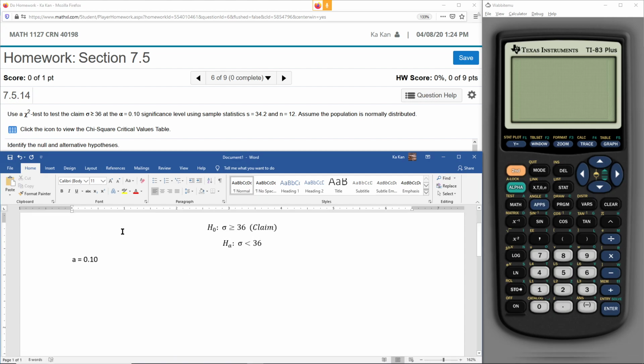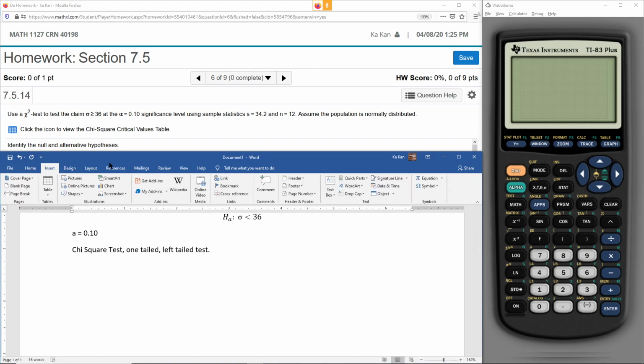If alpha is 0.1, and this is going to be a chi-square test, it's going to be a one tail, a left tail test, because the alternative is less than. So you can look at a picture like this. I wonder if I can draw here.